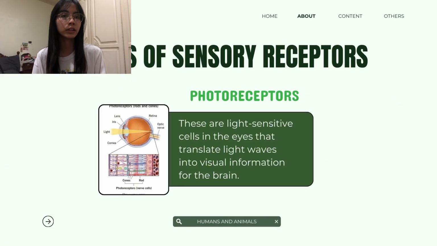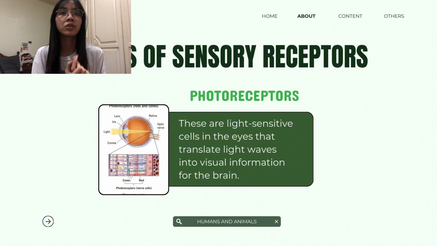The receptors detect the light, and then the light signals are converted into electrical signals, and then they travel through your nervous system, and go to your brain. Your brain interprets it as your vision, as your image, as what you see in our world.